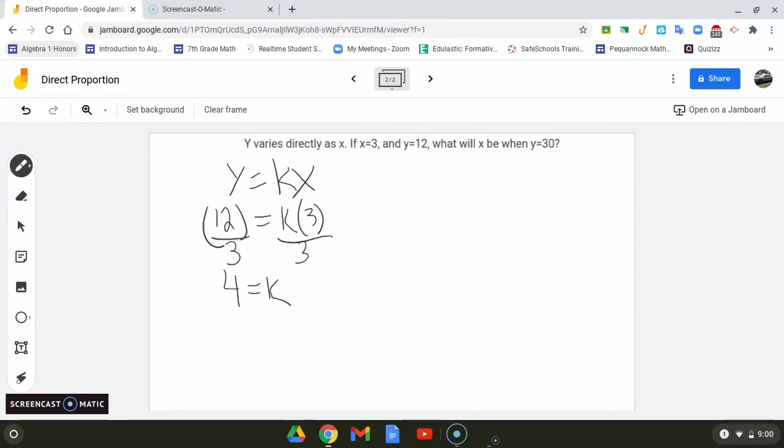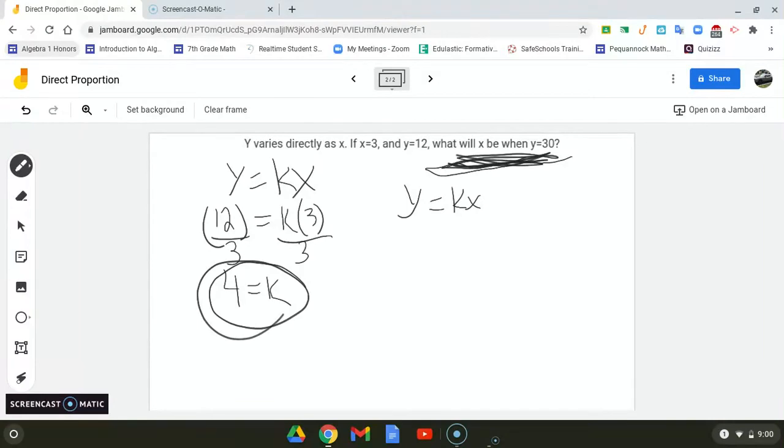So how that helps us is the next part of our problem, they're asking us, what is x going to be when y is 30? So again, we're going to go back to our original equation, y equals kx. Now, we know from the previous part that k is 4. We also know from what's given in the problem that y is 30. So we're going to have 30 equal to 4 times x.